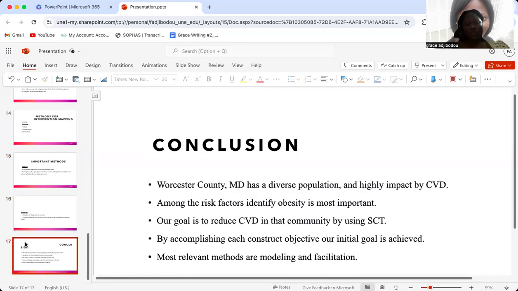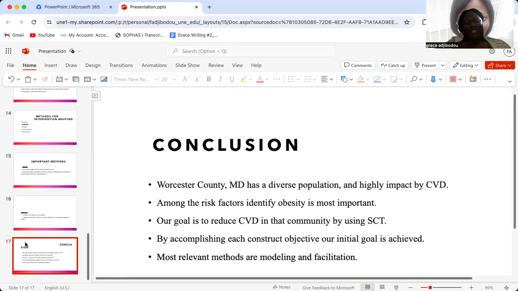In conclusion, Worcester County, Maryland, has a diverse population highly impacted by cardiovascular disease. Among the risk factors identified, obesity is the most important. Our goal is to reduce cardiovascular disease in that community by using social cognitive theory.